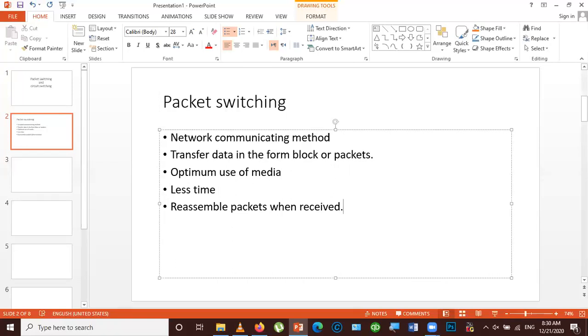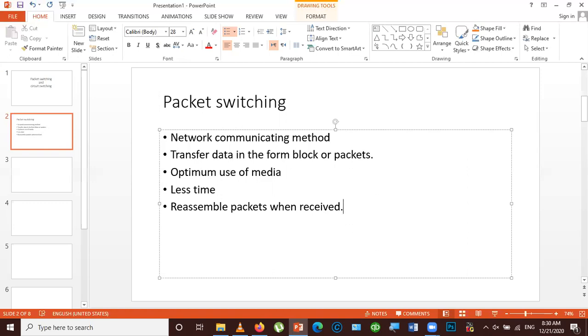So this is the packet switching method. It is a method of communication which transmits the data. First of all, it divides the data into packets, blocks, and then it transmits the blocks towards the destination.